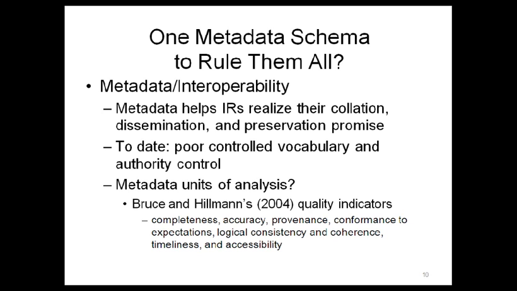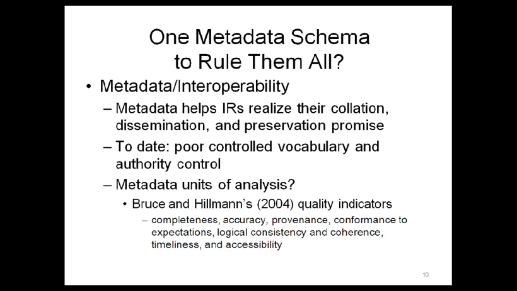But what the literature is saying right now is that there actually is a really poor controlled vocabulary and authority control. So that whole question of how metadata is working with other institution repositories is still under debate and still under wrestling.